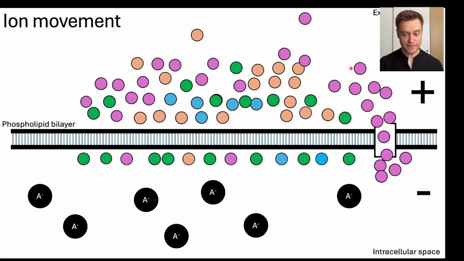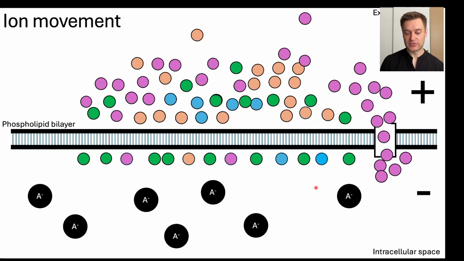Now, this influx of positive ions would do something kind of interesting, right? So the inside of the cell, I already said, is more negative. But if we allowed the influx of a bunch of positive ions, this would result in the intracellular space becoming more positive.